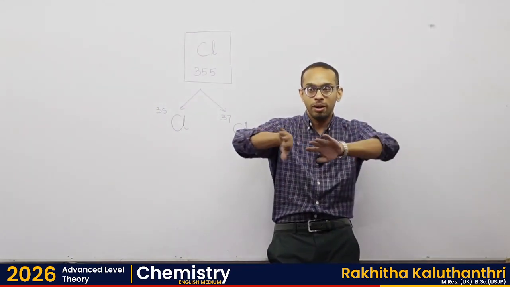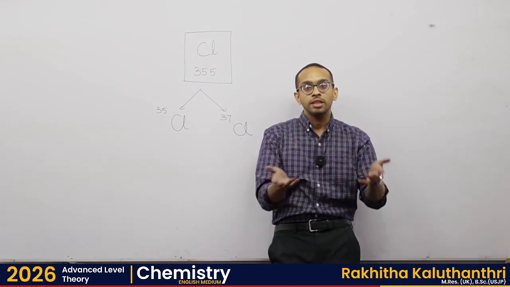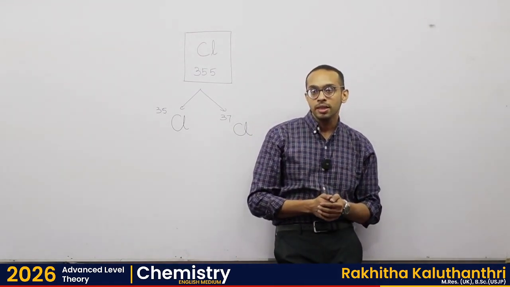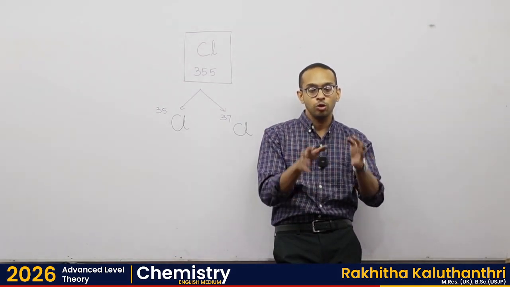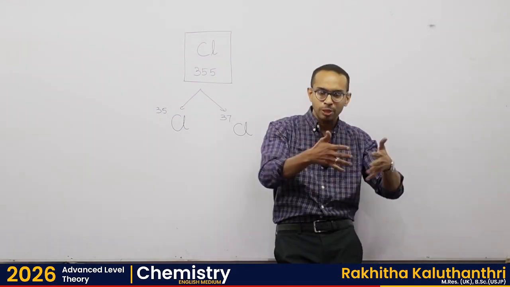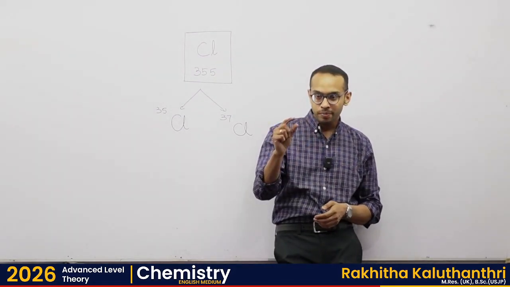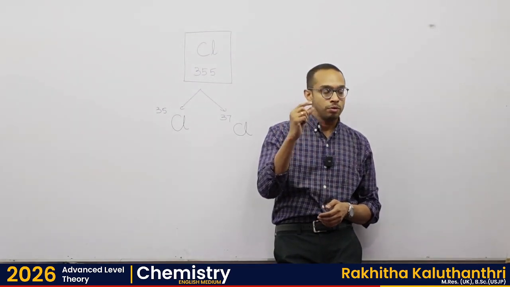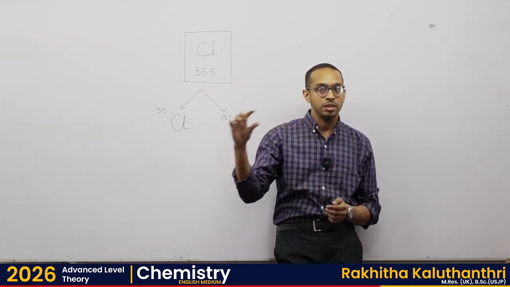We can't easily separate one from the other. We can, but it's going to be extremely difficult, right? So we have all of these isotopes in any given sample of any element. If they have isotopes, they are all mixed together. Now a fun fact is, if you take water, or if you take hydrogen, actually hydrogen has three different isotopes, right? H1, H2 and H3.